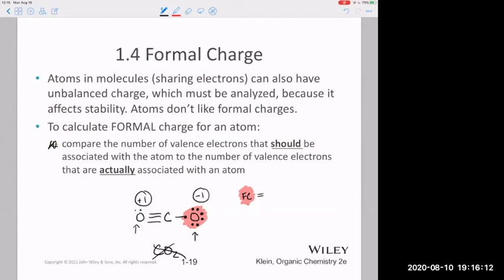When you're doing a formal charge calculation, you only count 1 electron from each bond, okay? So 7 electrons are associated with this red oxygen atom. And then to calculate the formal charge, you subtract the number of valence electrons that the atom normally has when it's all by itself. So oxygen has 6 valence electrons.